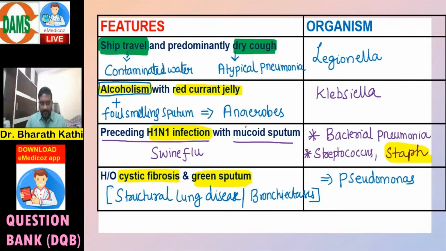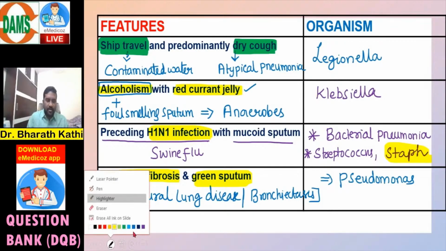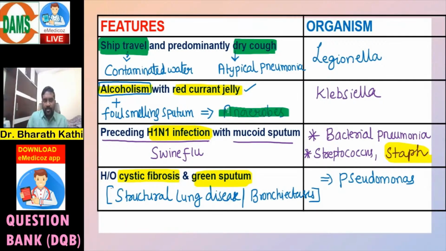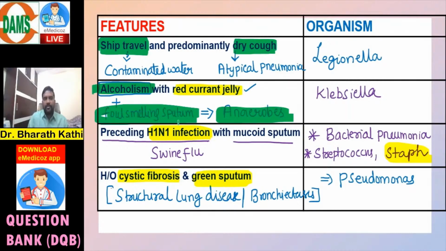So alcoholism, foul smelling sputum, and on chest x-ray you can also find a lung abscess: probably anaerobes. Here alcoholism is associated with red currant jelly sputum, so that's why the answer here is Klebsiella. Alcoholism with foul smelling sputum, anaerobes. Alcoholism with red currant jelly sputum, the organism is Klebsiella.